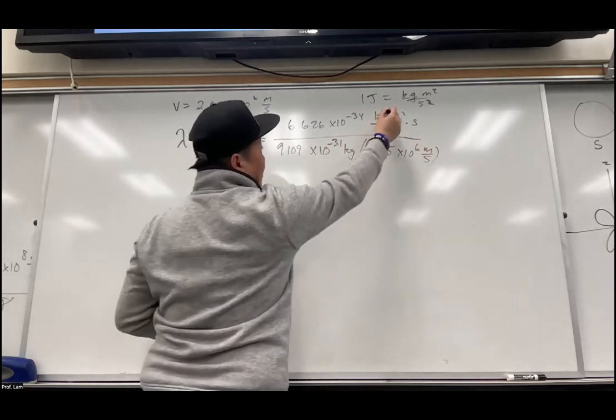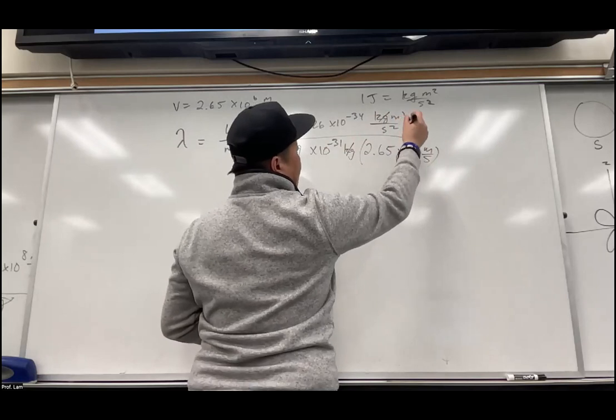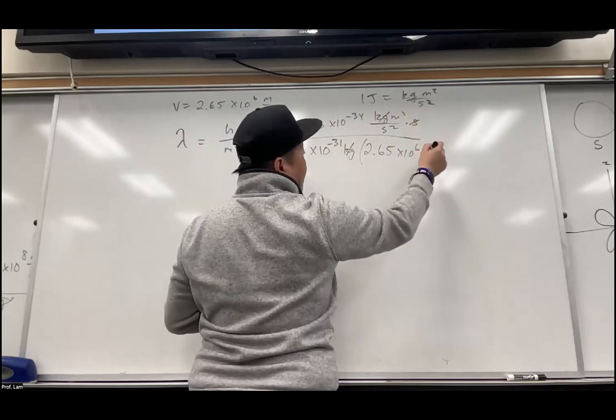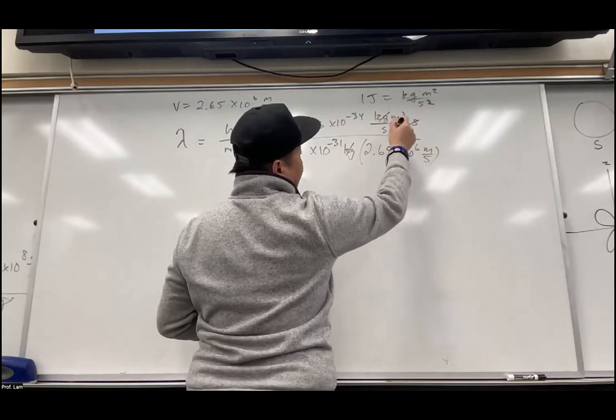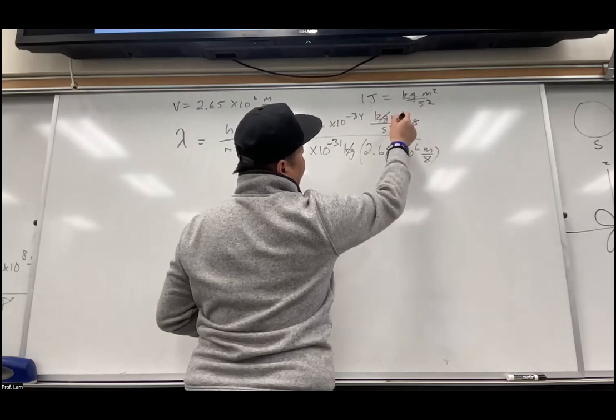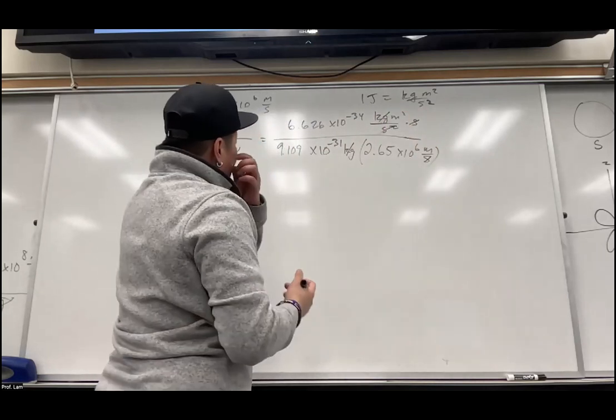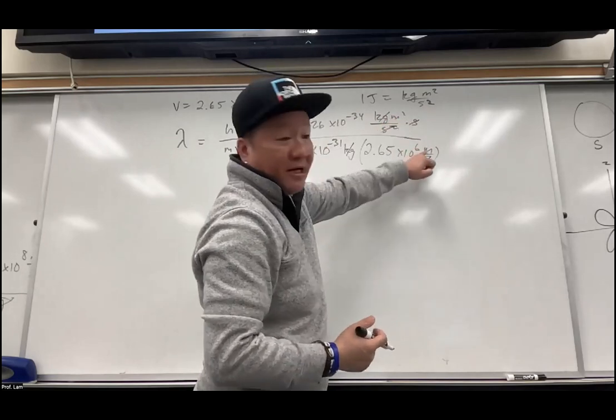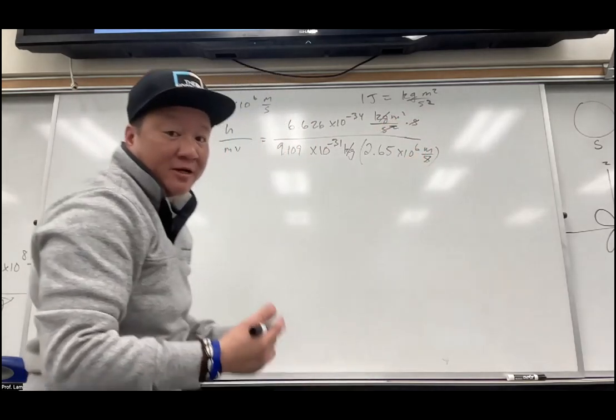So you can see that kilograms cancel. Second here cancels with this second, and then this second cancels here. So all the seconds cancel, and then we have a meter squared over a meter squared divided by meters, leaving meter.